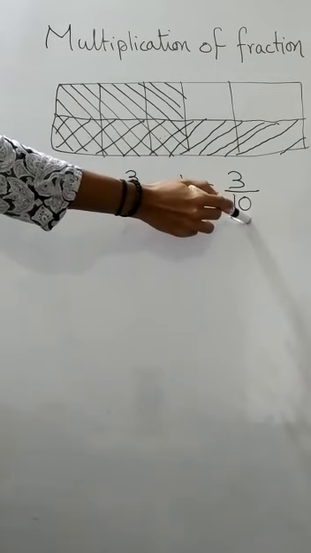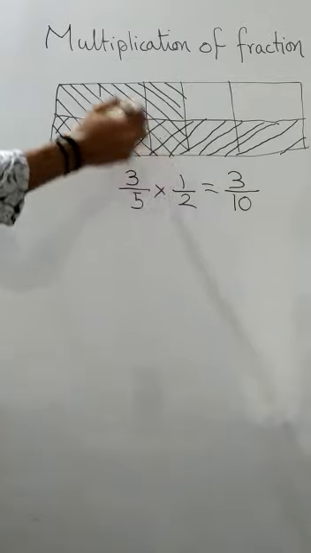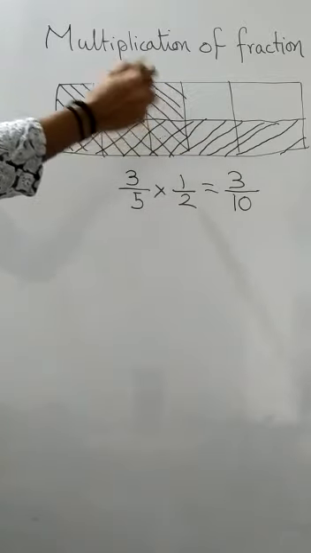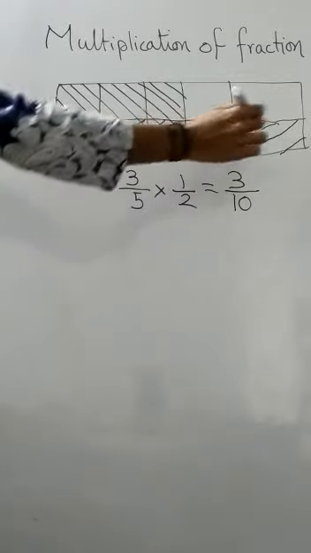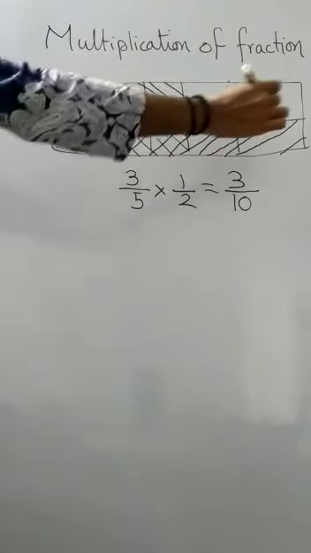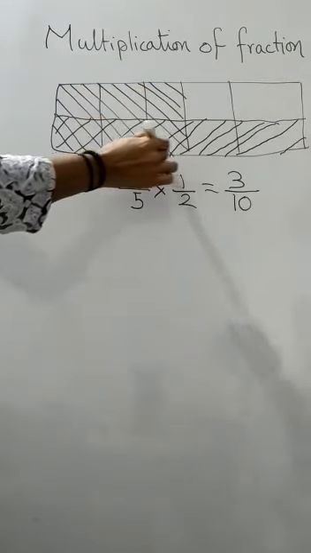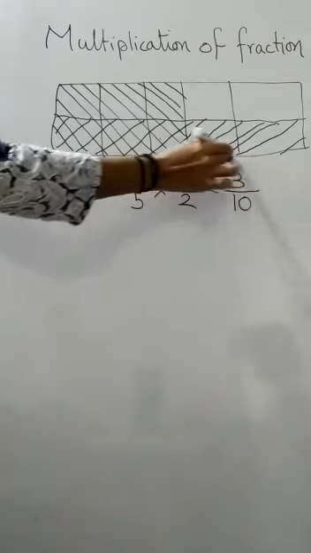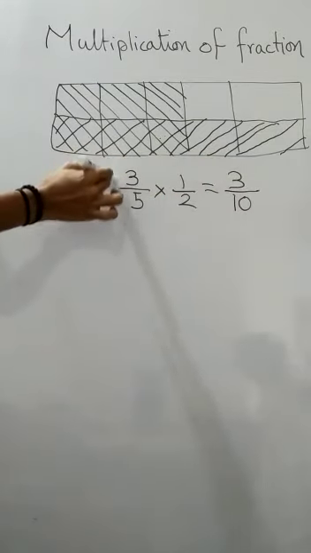When you are given a question, you will do it this way. You don't have to draw the lines. Visually I have shown it this way, but when you are asked a question, for practice, you will do it like this.